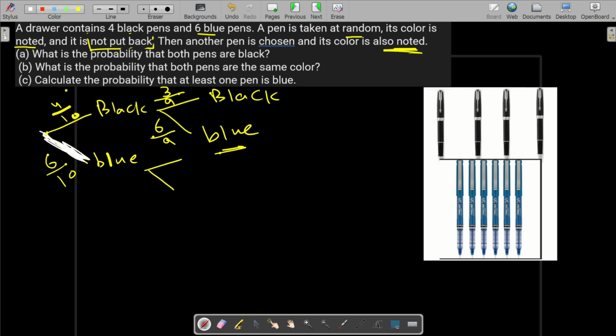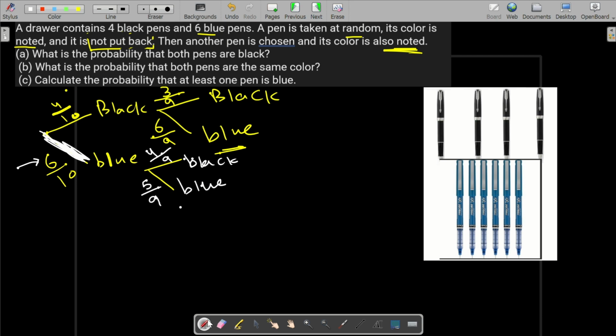In the second branch, if the pen picked was blue, what will this affect? It will not affect the black because the black will stay 4 black pens, but the total number will be affected, which is 9. And the blue pens will be reduced by 1. So instead of having 6 blue pens, we will have only 5 out of 9.